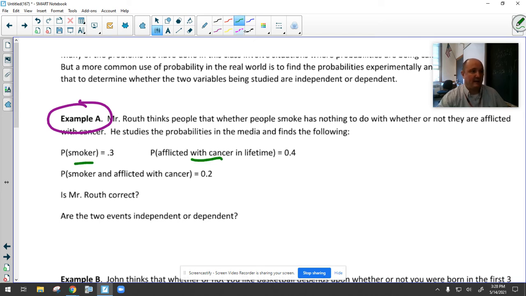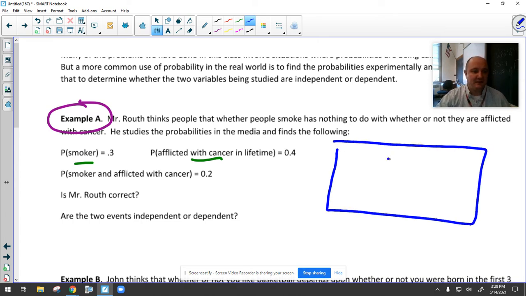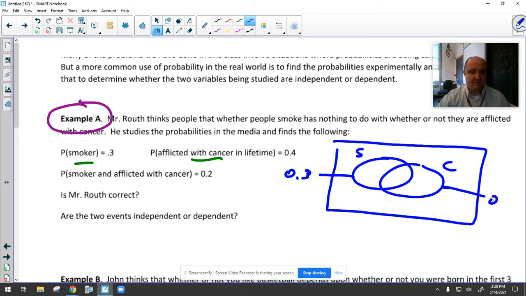Now, with these three pieces of data, we can figure out whether or not these two events are linked in some way. That doesn't tell us causation, but it does tell us association or correlation. How? Well, imagine that these two things, smoker and cancer, were independent. If they were independent and we drew a Venn diagram, then we would know when two things are independent, the intersection is simply taking the two probabilities and multiplying them together.